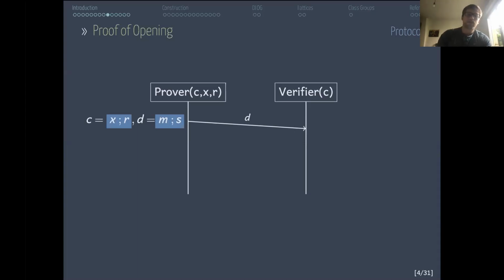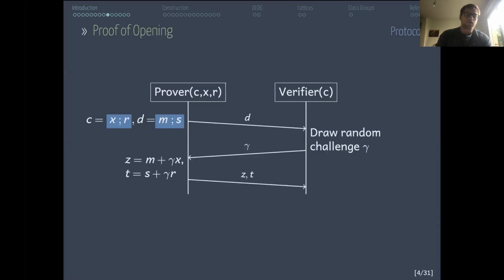So the verifier receives the commitment D, draws a random challenge gamma, and sends it to the prover.